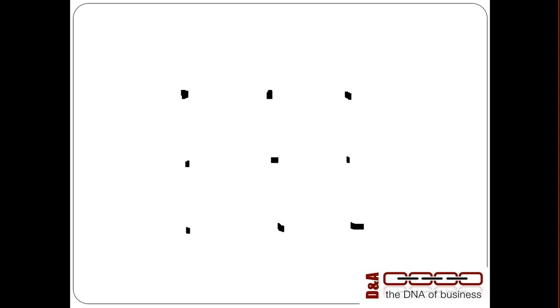I want you to draw straight lines through all 9 dots in 4 lines. So you start anywhere, keep the line straight, not picking your pen up or going backwards, then moving forward in a total of 4 lines, go through all 9 dots.